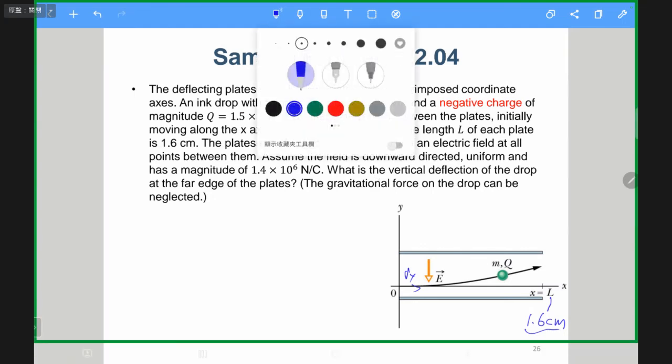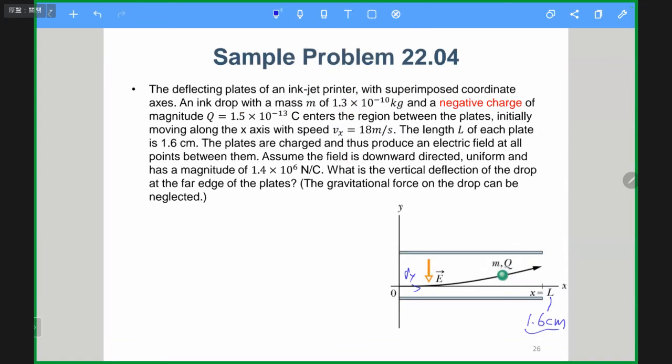Okay, so when you consider this kind of problem, because the forces are only in the vertical direction, in the horizontal direction there is no force acting on it, so the horizontal velocity doesn't change at all. Then you can expect the time it takes to get here will be t equals the length over the velocity.